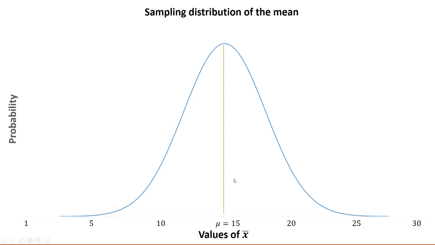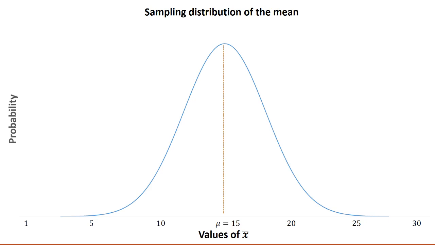That means if I took an infinite number of samples from a population, calculated all of their sample means, and took the average of all of those sample means, the mean of the means would be the true population mean, 15.